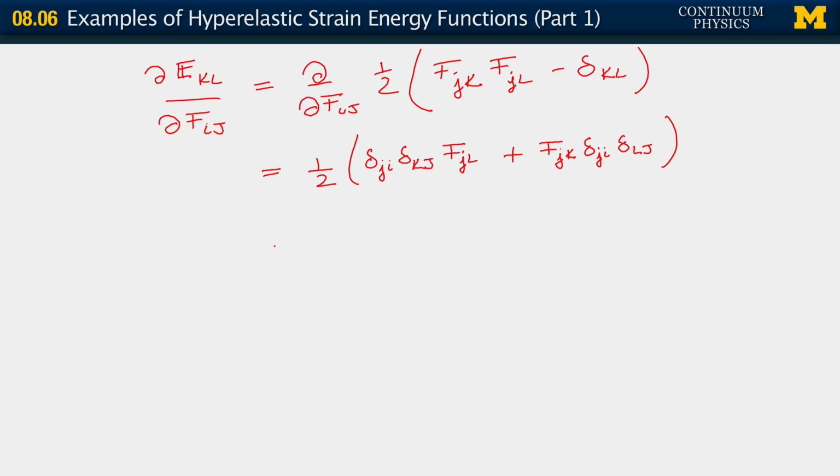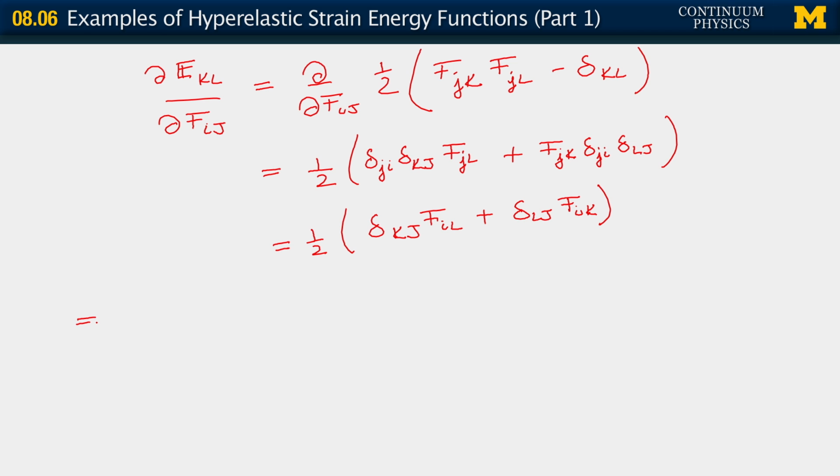Okay, the Kronecker delta then does its work and leaves us with f delta kj f little i l plus delta lj f little i k. All right? Okay.